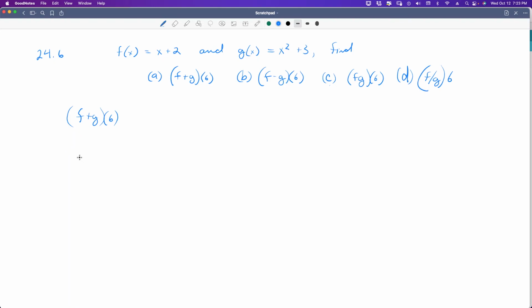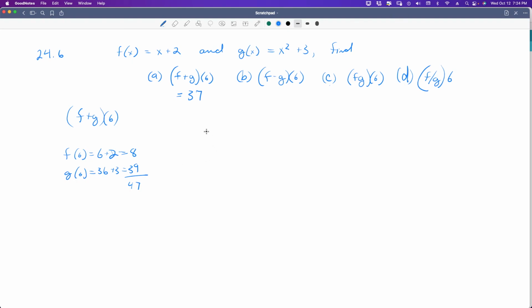So if f of x is x plus 2, then f of 6 is going to be 6 plus 2, and that's going to be 8. And g of 6 is going to be 6 times 6 is 36 plus 3, which is 39. So then that would be 47. All right, that would be the fastest way to find A. So that is equal to 37.